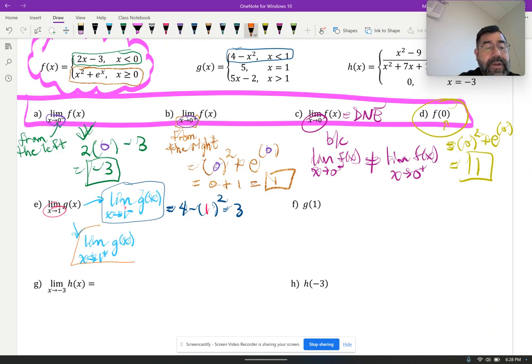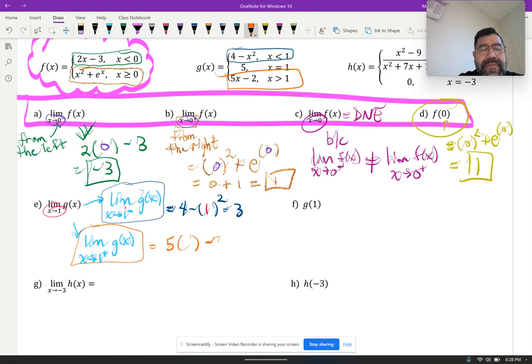So the bottom, we're looking for the limit of g of x as x approaches 1 from the right side. Well, on the right side, those x values are bigger than 1 on the number line. If you think of the number line, that means I'm using this. For x's that are bigger than 1, those are to the right of 1. So I'm going to use that formula.